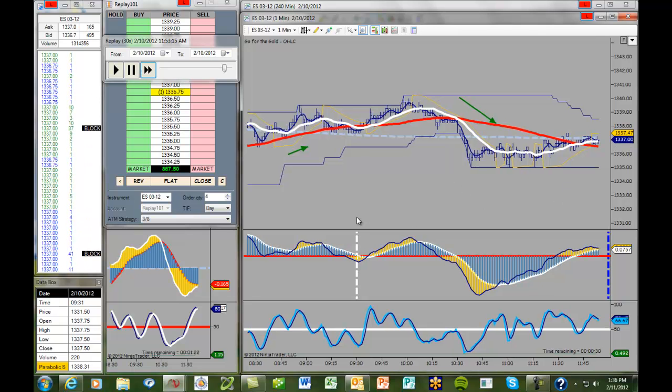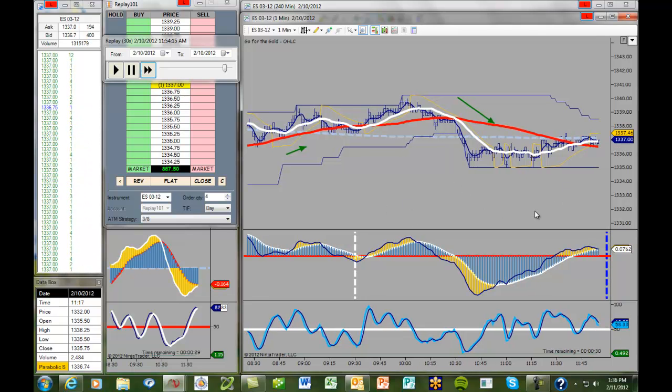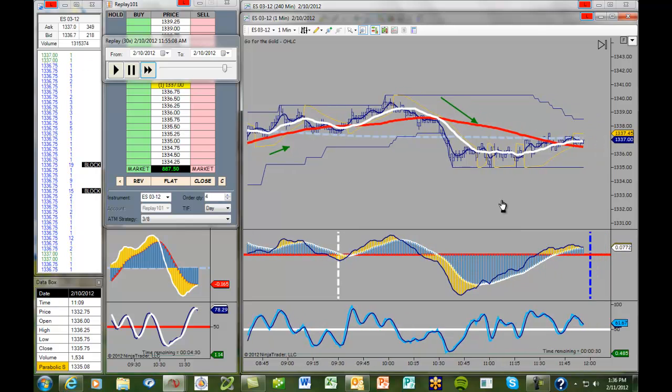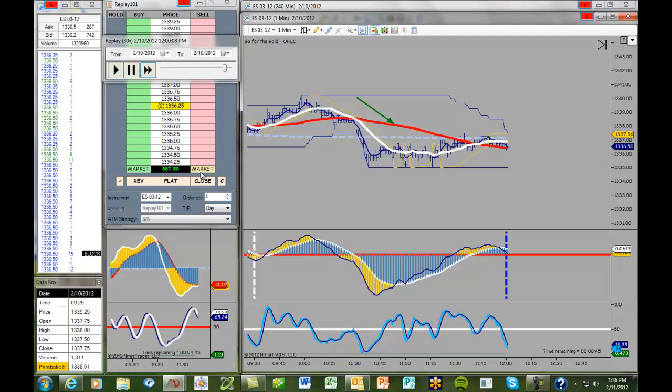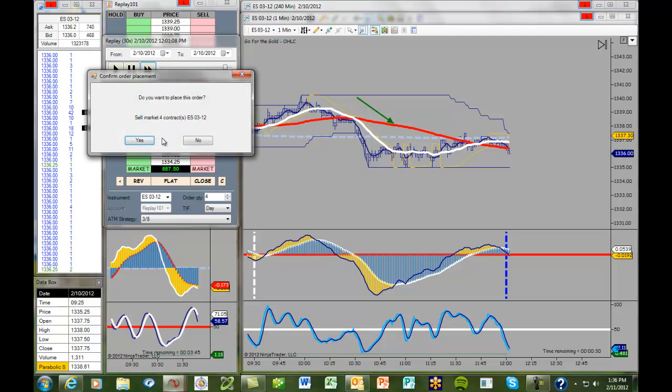Okay, now got a cross on the MACD and also on the 5-minute stochastic. Let's go ahead and sell.